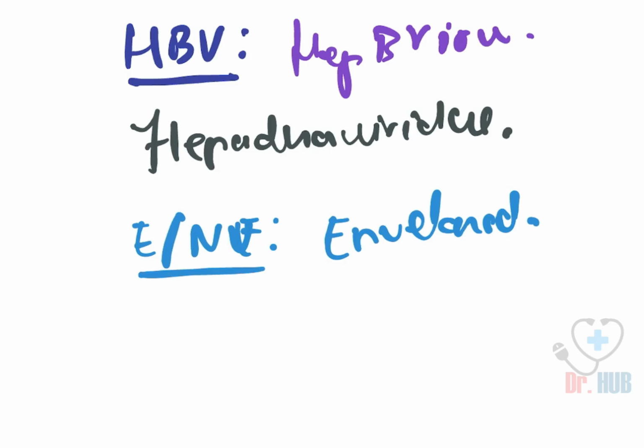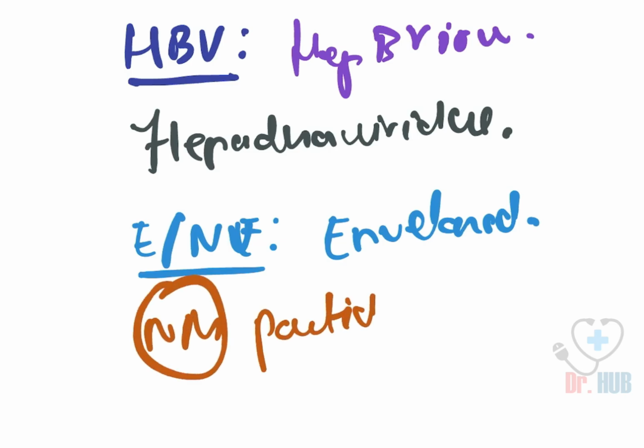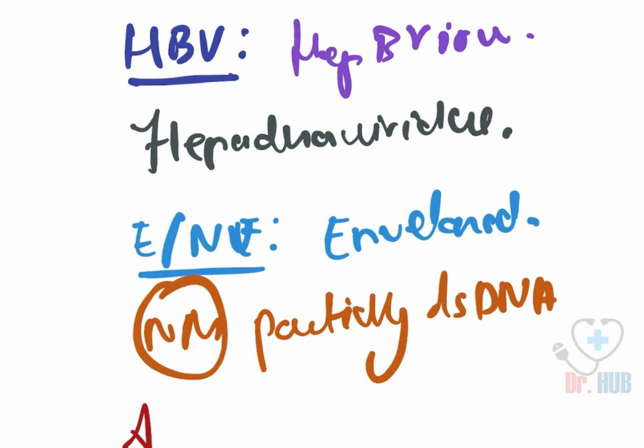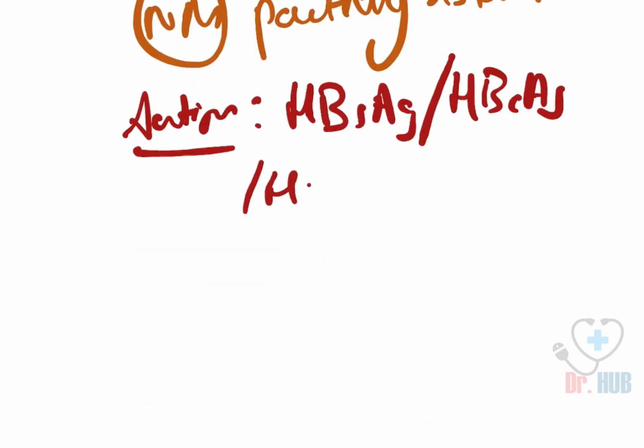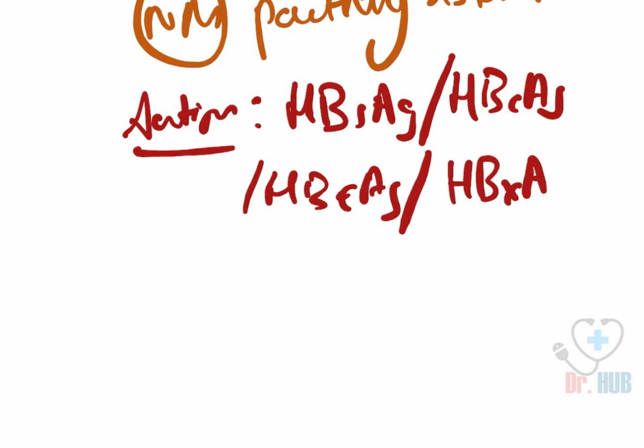Then looking at the nuclear material, it is partially double-stranded DNA. Now, what are the antigens present? The antigens include the HBsAg, the HBcAg, the HBeAg, and the HBxAg.